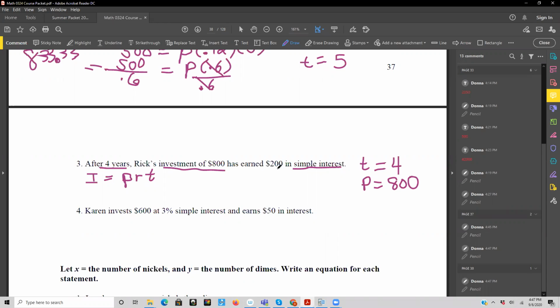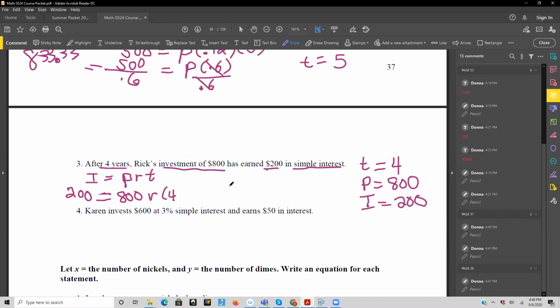It has earned $200 in simple interest, so that's the I, right? That's how much he earned. So here they would ask me, what's the interest rate on his money? So I'm just going to plug stuff in and solve for that interest rate. So I is 200, P is 800, we don't know R, and T is 4.